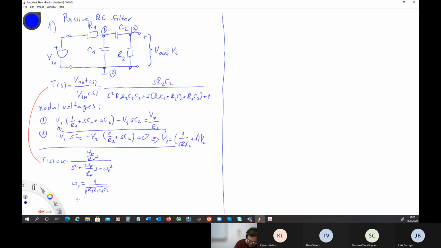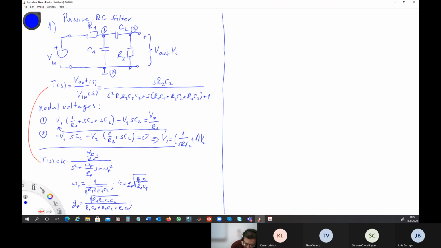Then you will have QP, which you can try to calculate, it is not very hard: the square root of R1 R2 C1 C2 over R1 C1 plus R2 C2 plus R1 C2. And then K is equal to QP times R2 C2 over R1 C1. So this is an example of a passive RC filter.